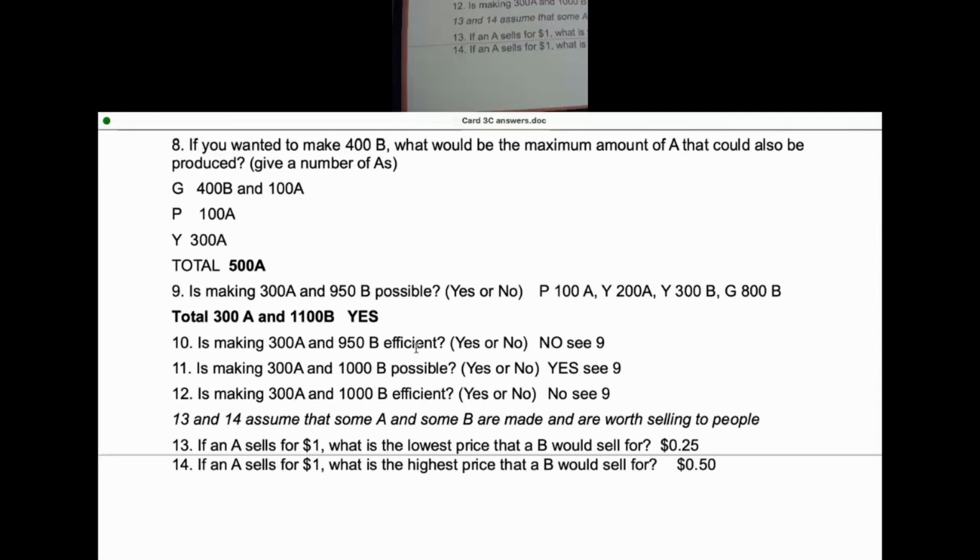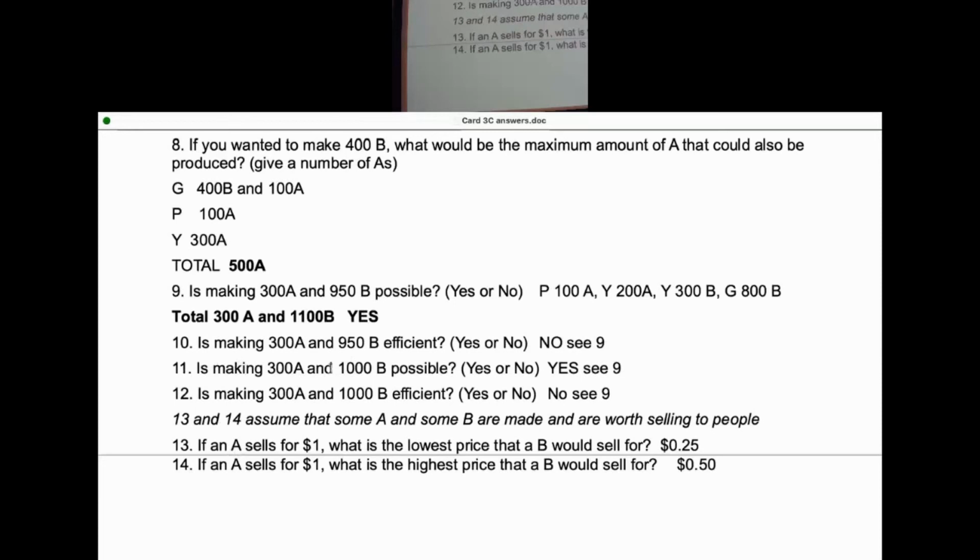We need 300 food for people, but we also want as many places for them to live as possible. We only have 950 places for them to live, and we could have had 1,100. So some people might be homeless, or they'll have to share. It's possible, but it's not efficient, because you can get more.